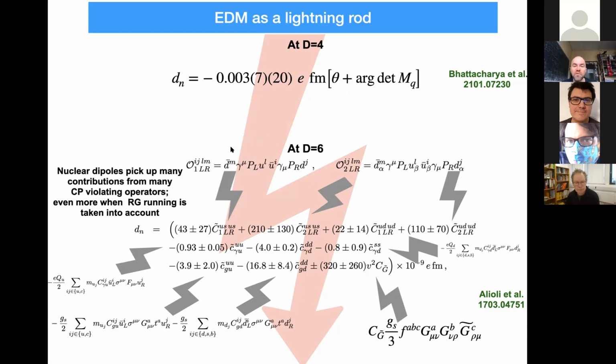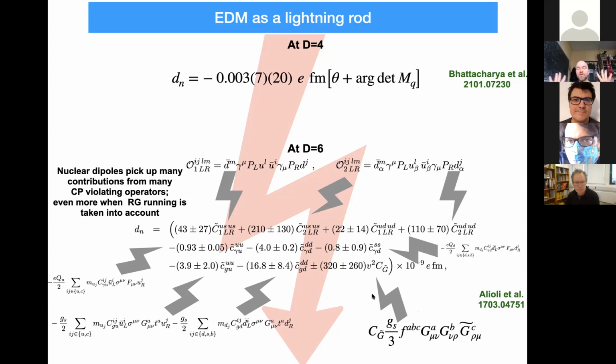For example, if you have 4-quark operators in the dimension 6 Lagrangian with a phase, it will contribute to the electric dipole moment of a neutron. If you have a dipole operator, it will contribute. If you have chromo-electric operators, it will contribute. If you have the Weinberg operator, G with 3 gluons and CP violation, it will also contribute.